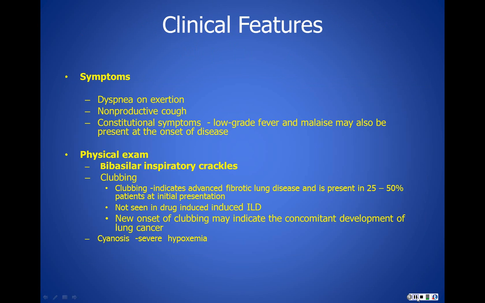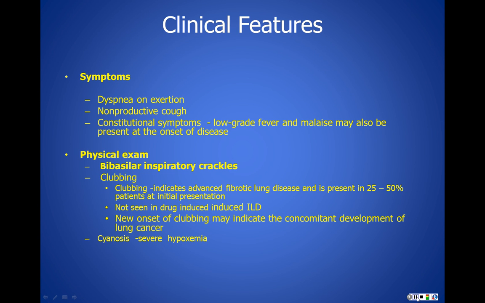Okay. Clinical features, I already told you: symptoms, dyspnea, and non-productive cough. When they present acutely to our intensive care unit, they may have a flu-like illness, like low-grade fever. That's usually with acute interstitial pneumonia or cryptogenic organizing pneumonia.